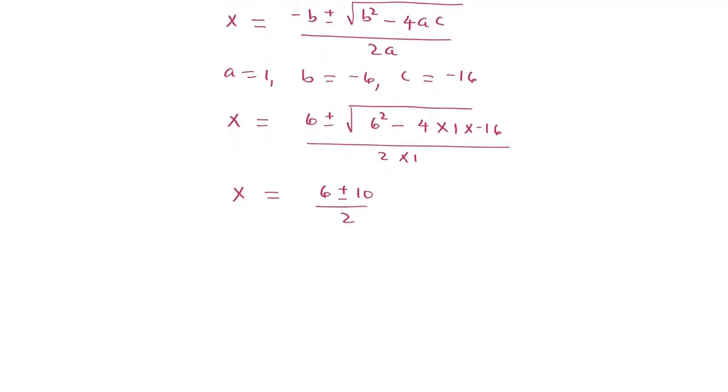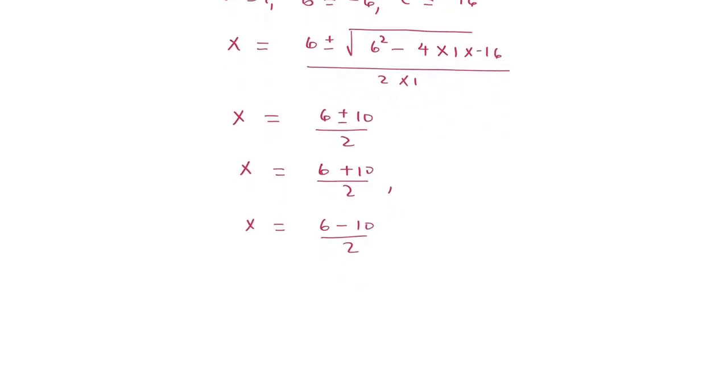Okay, so the values of x will be x equals 6 plus 10 over 2, or x equals 6 minus 10 over 2. After solving the values, we are going to have x equals 8, or x equals negative 2. And these are the values of x required.